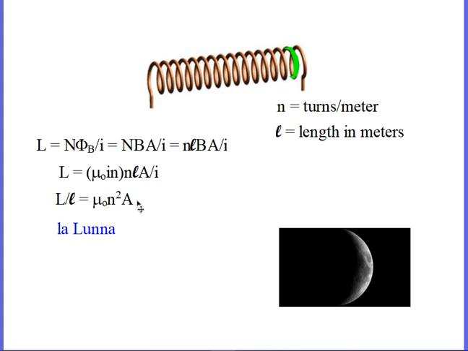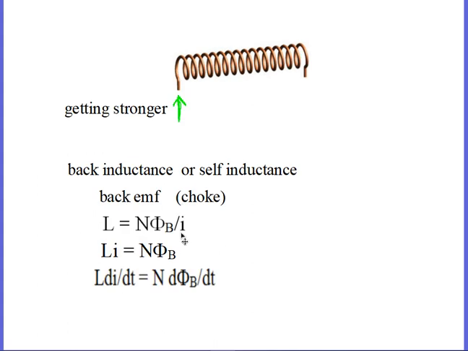You see this, La Luna? It's got the number of turns per meter, the area, the length. It is only geometry that determines the inductance of an inductor. Even though it looks like it seems to depend upon current, it doesn't. So L is not changing with respect to time. It's determined by the geometry. And the number of turns is not going to change with respect to time.